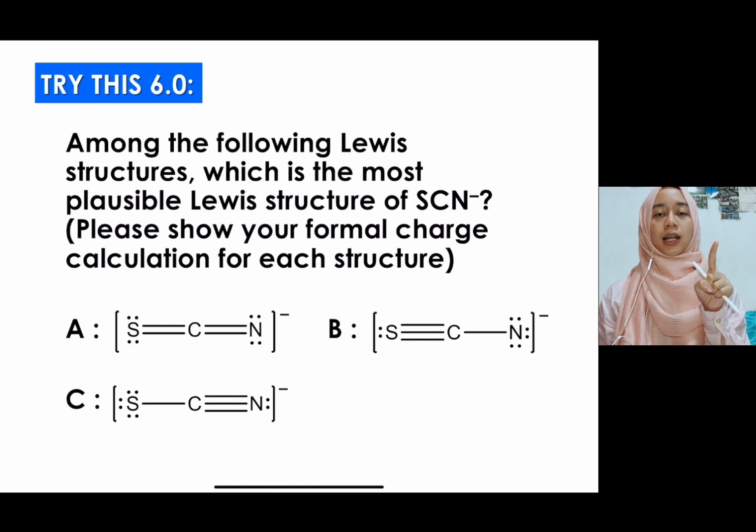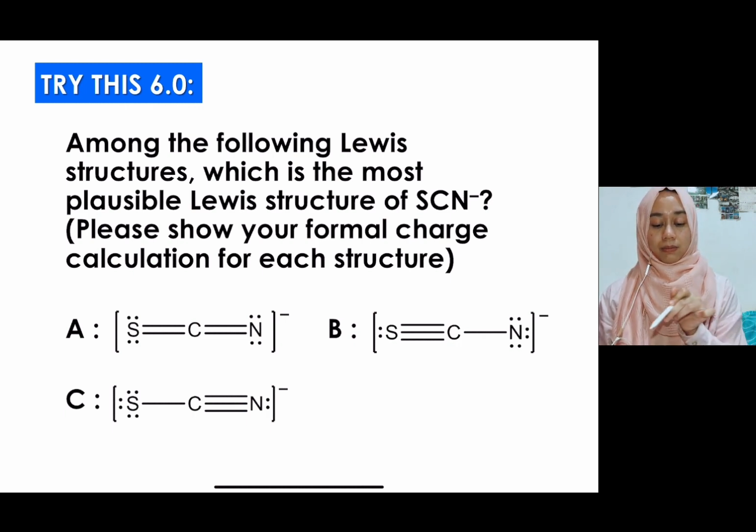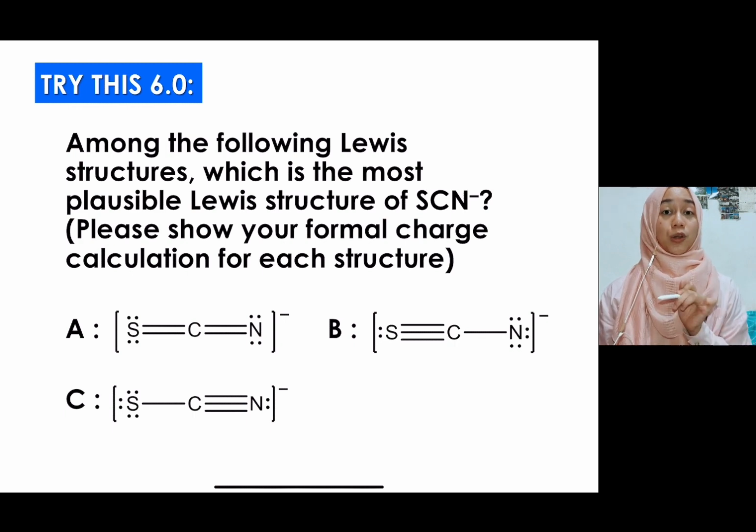Ataupun second one adalah, let's say kamu tak dapat pun semua 0, ada yang ada charge, tapi make sure the negative charge, okay, if ada yang negative charge, it has to be in the more electronegative atom. Okay, ataupun kalau ada positive charge, bermaksud dia sebaliknya. Positive charge has to be with the more electropositive atom. Tapi focus on the negative one lah. Okay, so second characteristic tu sebenarnya membantu kamu untuk try 6.0 ni. So Miss nak tengok macam mana kamu boleh apply tak benda tu.